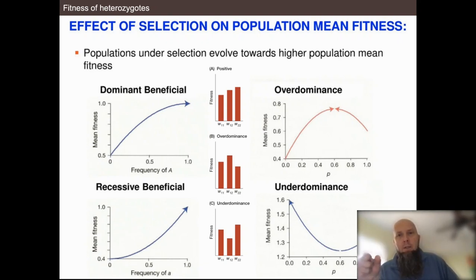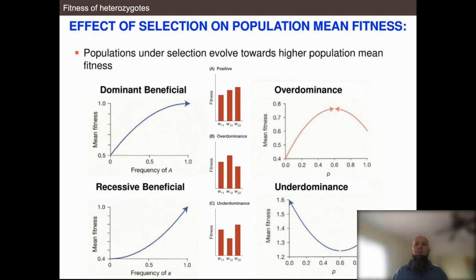And in instances of overdominance and underdominance, these two graphs make some really interesting illustrations that weren't clear in the previous slide that I showed you. This is showing the frequency of a particular allele P in instances of overdominance and underdominance.